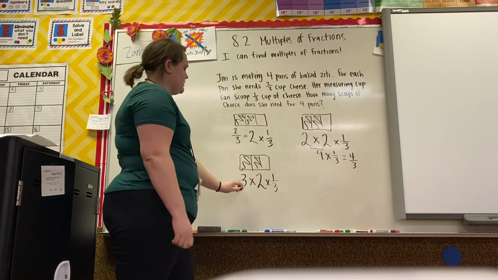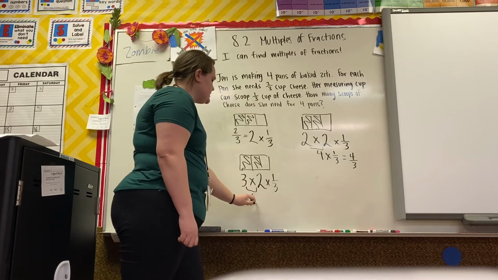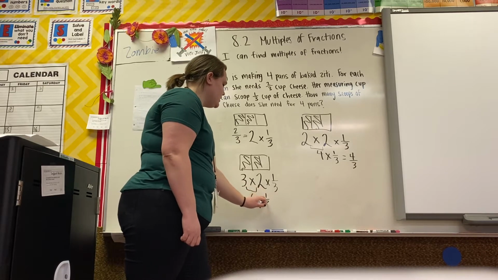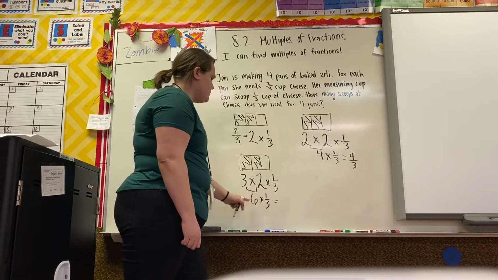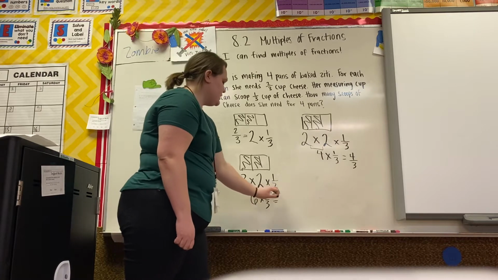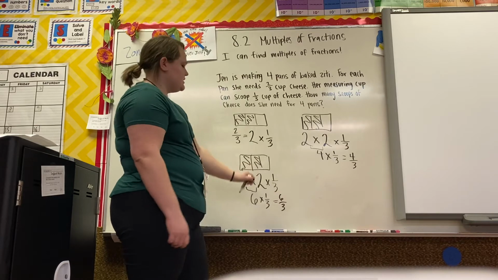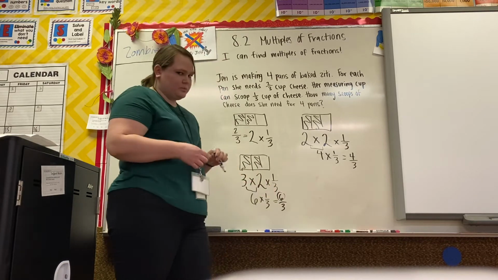So I'm going to multiply my whole numbers, and I get 6. 3 times 2 is 6 times 1/3. Okay, and when I multiply that out, 6 times 1 is 6/3. So for 3 pans, I would need 6 scoops.